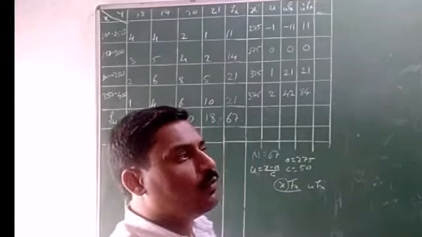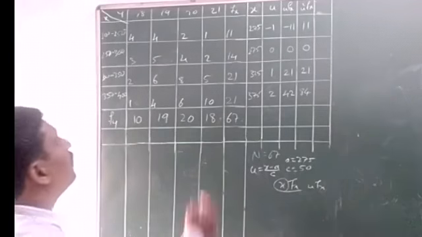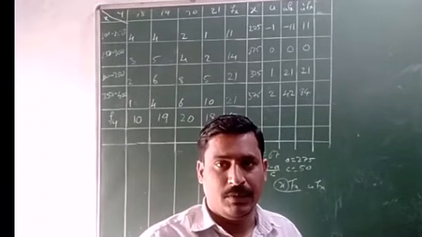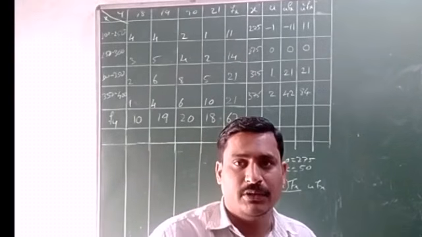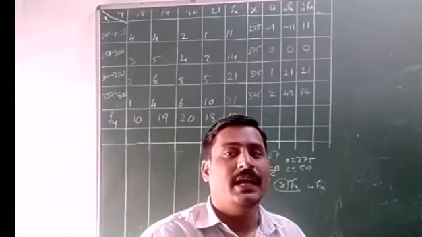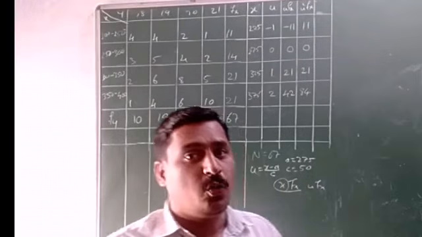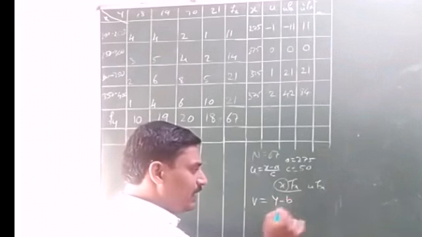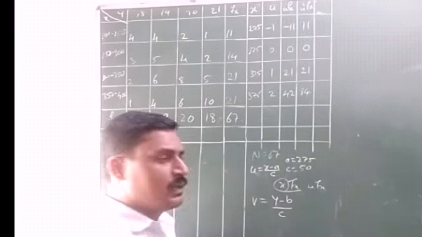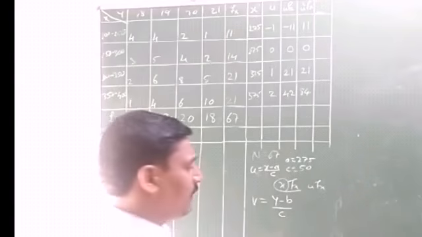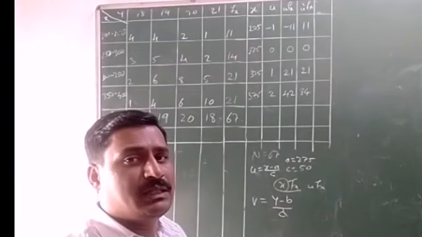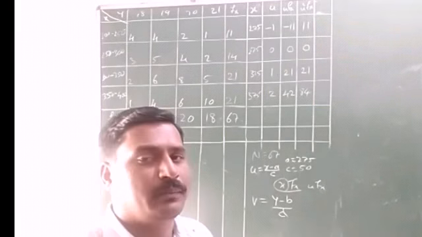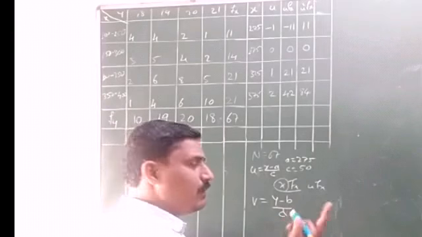Now come to the y variable here. Y is already given in a discrete series, so no need to take midpoints. Directly we go for finding v values. So v is equal to y minus b divided by c. Here it is not necessary to divide by c, as a discrete series is given and the gap between the variable values is just 1, so the c value will be 1 here.